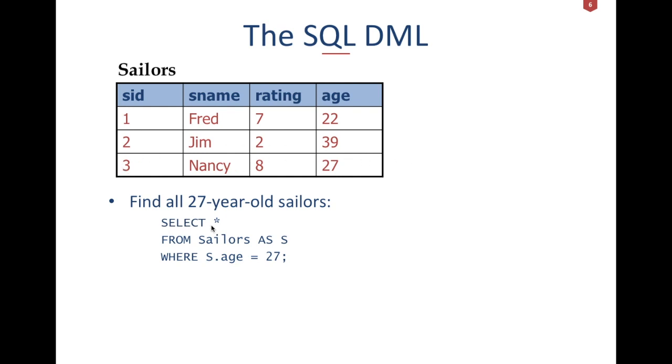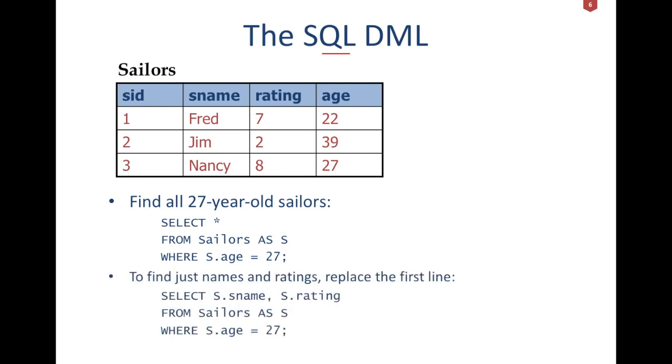The select star will select all the table, but from sailors, but because we put this condition, then it will have only the last row, which is Nancy, as the output. So this row would be the output.